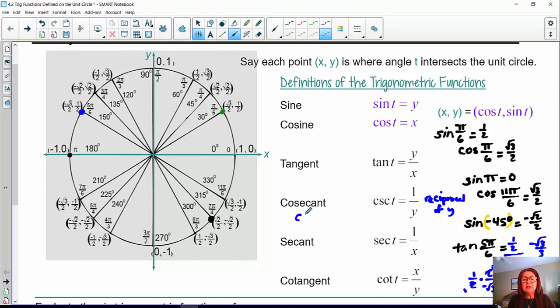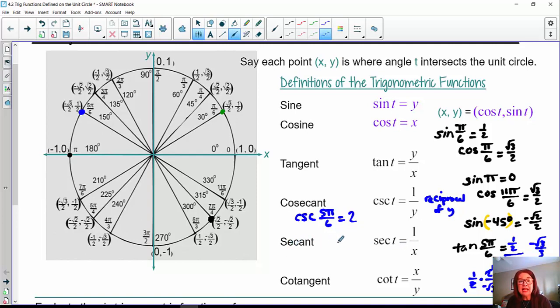Let's say we had to find the cosecant of 5 pi over 6 again. Here's where 5 pi over 6 is. The cosecant is 1 over the y value, which means 1 over 1/2. But 1 over something just means the reciprocal. So what's the reciprocal of 1/2? That is 2.